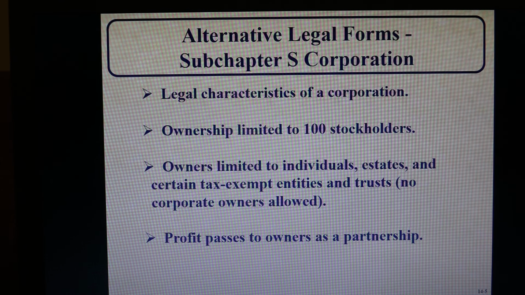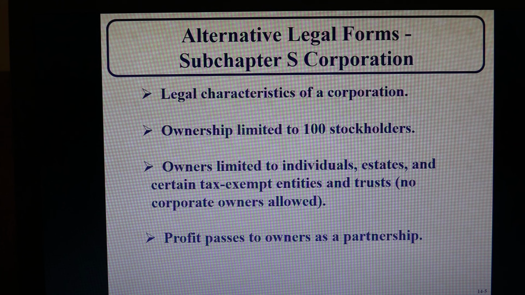And so one of those is called a subchapter S corporation. In order to become an S corporation, you have to incorporate in some state here in the United States. And then with the Internal Revenue Service, you have to apply to become an S Corp.